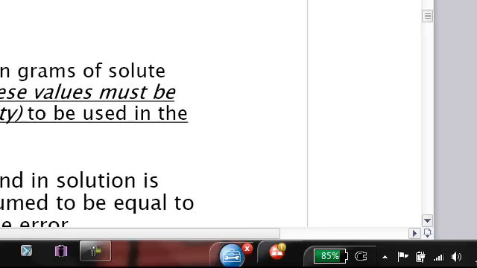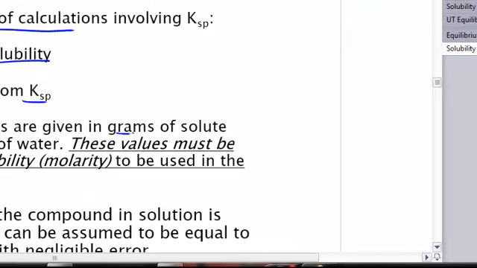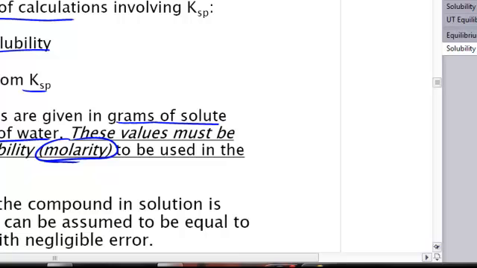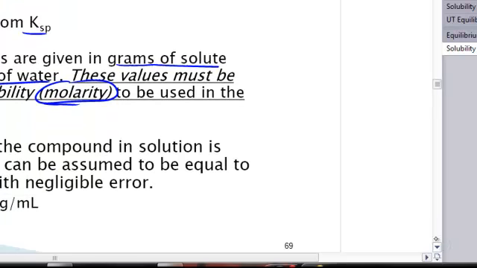Most solubilities in tables, the same thing I gave you last year, a big table with all the different colored lines on it, are given in grams of solute per 100 grams of water. If you're going to use these in a Ksp, they have to be converted to molarity. The mass of the compound in the solution, the actual solid, is going to be pretty low.